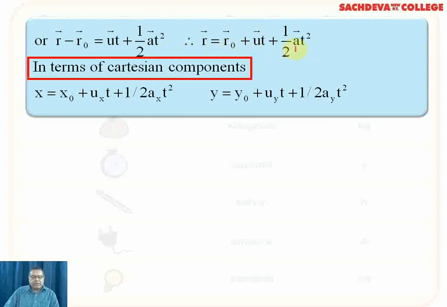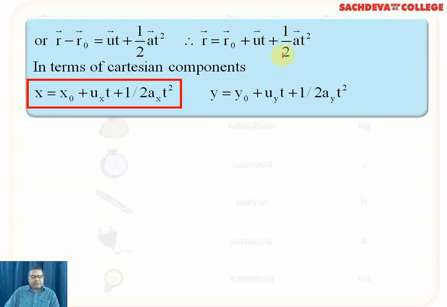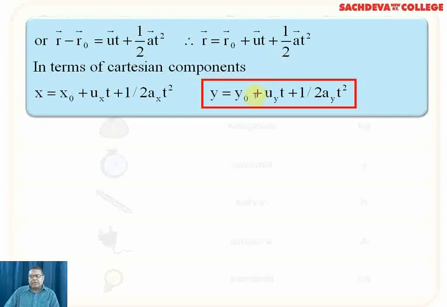In terms of the Cartesian components, x will be equal to x naught plus ux t plus half ax t square. Wherever we write ux, it is the component along the x-axis. ax means the component of acceleration along the x-axis. The same interpretation we give to the second equation, that is y is equal to y naught plus uy into t plus 1 over 2 ay into t square.